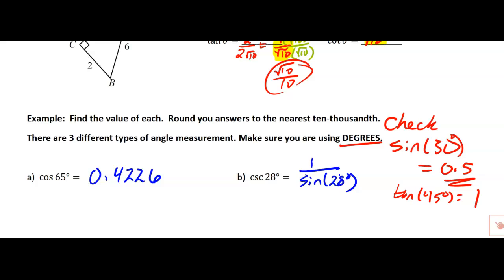This is honestly the real reason I only use sine, cosine, tangent, because if you ever do calculations, you can't use cosecant anyway. You have to do it in terms of sine. So 1 divided by sine 28, 2.13. Okay, please make sure that you're able to generate those same values.